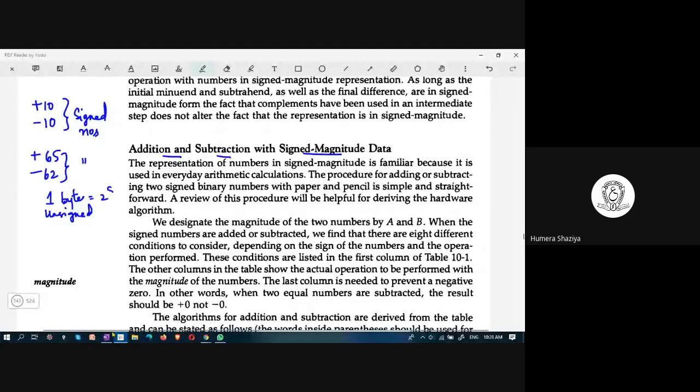2 to the power of 8, which is 256. Total numbers. The range is 0 to 255. Means all are positive numbers. If you go for signed numbers, then it will be minus 127 to plus 128.